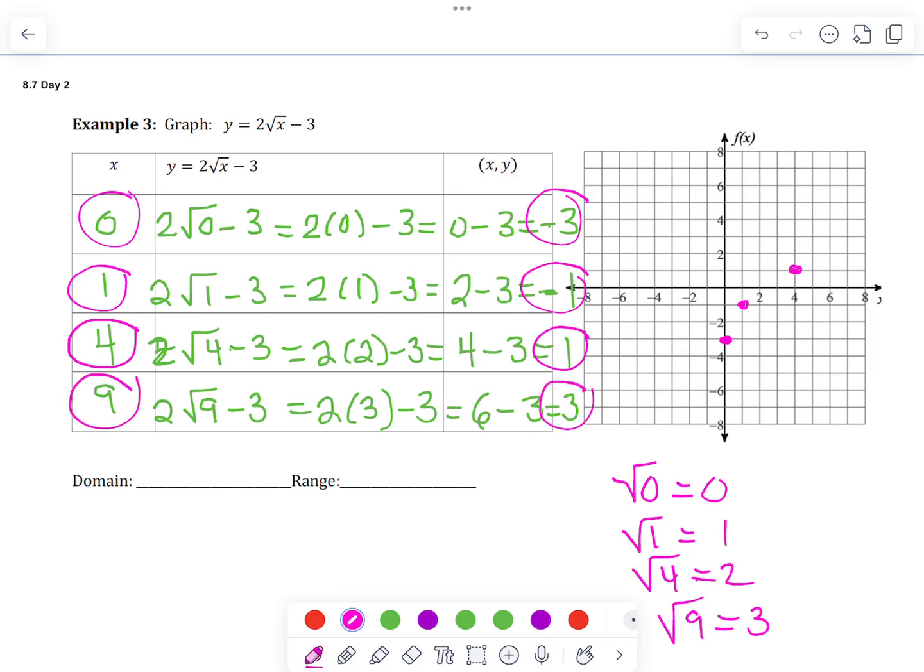So right 9, up 3. So here is our new function. Our domain is x greater than or equal to 0. And our range, notice our lowest y number is negative 3. So y greater than or equal to negative 3.